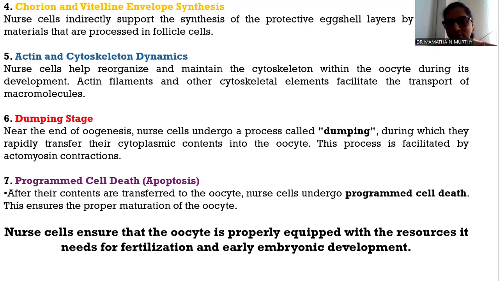This process is facilitated by actomyosin contractions within the oocyte and the nurse cells. Once nurse cells complete their function, they undergo apoptosis, ensuring proper maturation of the oocyte by equipping it with resources necessary for fertilization and early embryonic development.